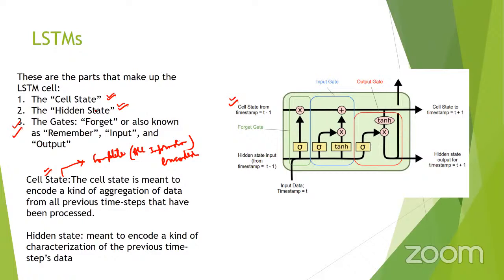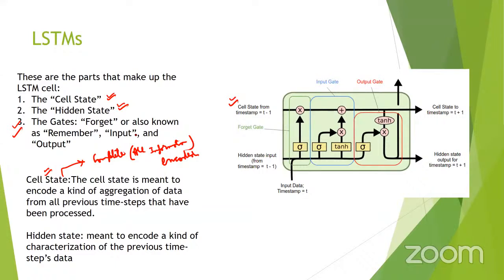And if we add new data for the next time steps, again we need to decide how much of that data to remember and how much to forget. So for now, just remember that your cell state is associated with your complete data. It is storing the complete data in an encoded structure.